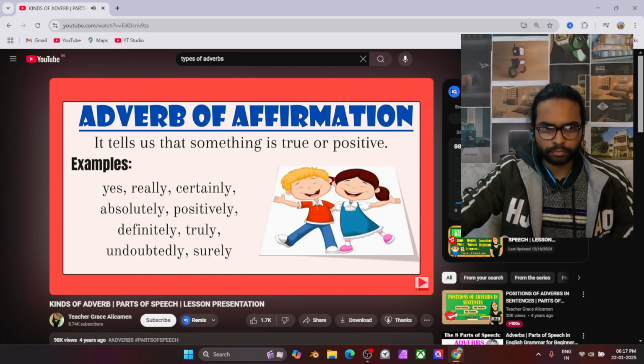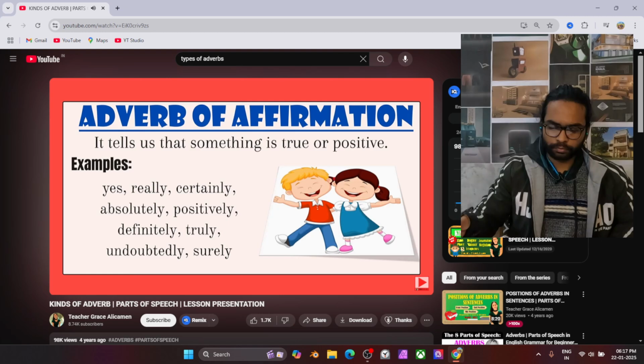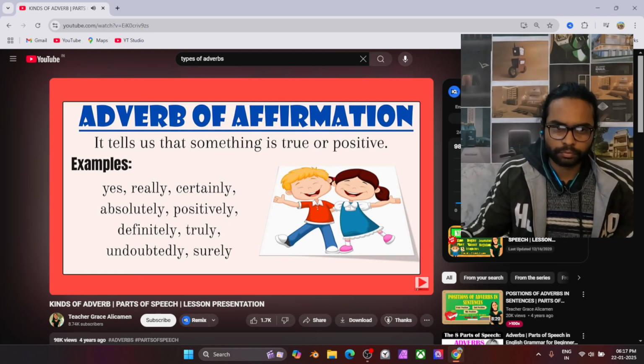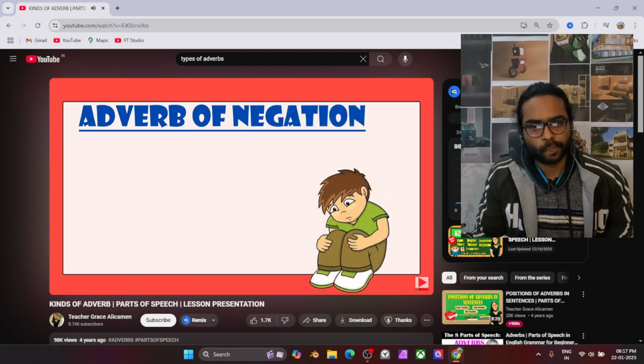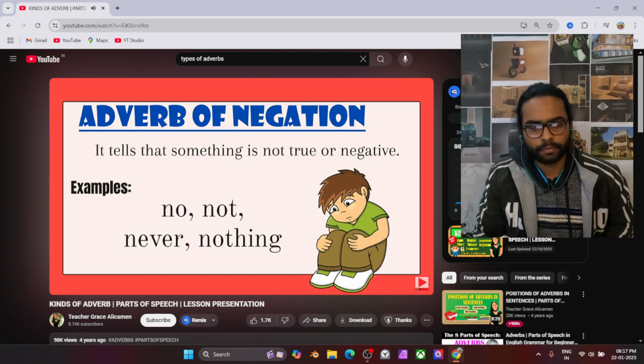Examples are yes, really, certainly, absolutely, positively, definitely, truly, undoubtedly, and surely. Adverb of negation. It tells us that something is not true or negative. Examples are no, not, never, nothing.